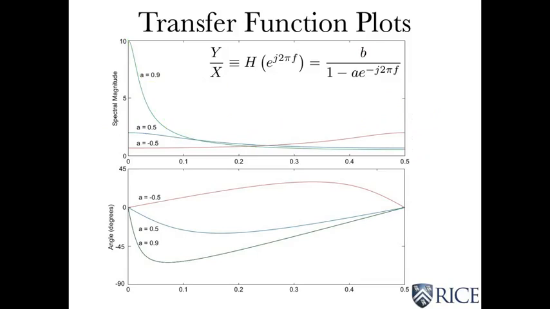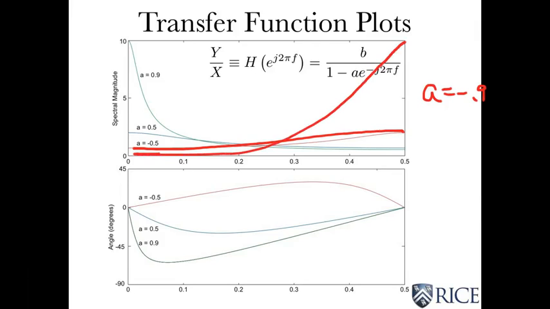If you now think about negative values of a, you get a high pass filter. If I use a value of a that's minus 0.9, then we get something that's symmetric and gives us a very nice high pass filter. So a greater than 0 but less than 1, I get a low pass filter. If I have an a less than 0 but greater than minus 1, I get a high pass filter.